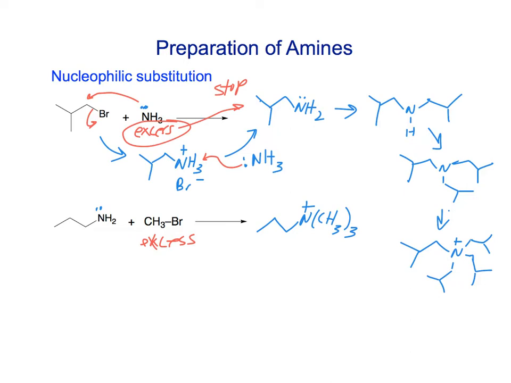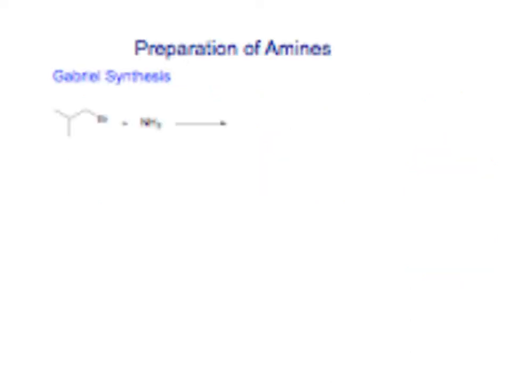So luckily, there's a way to get around this problem. This is called the Gabriel synthesis. What we're going to do is essentially what we would do for this reaction here, which doesn't work so well. We use a different nitrogen nucleophile that we can convert to the free amine in the end.